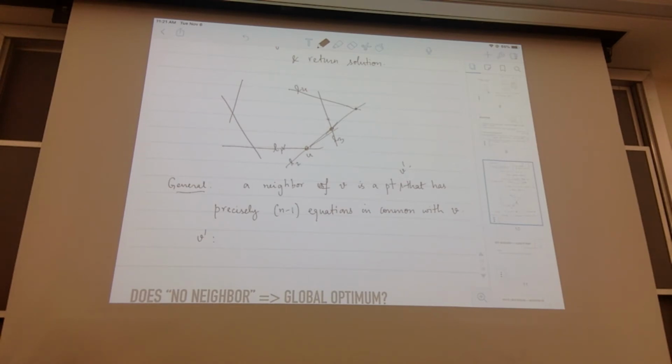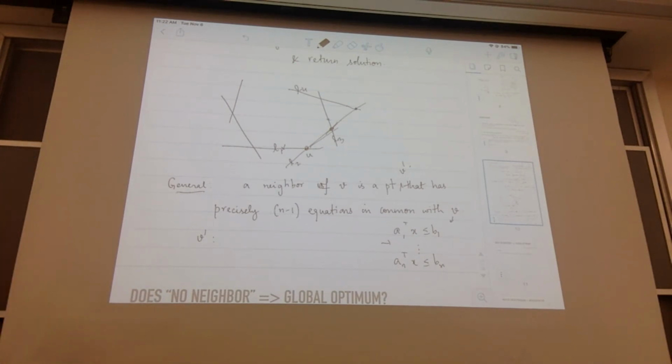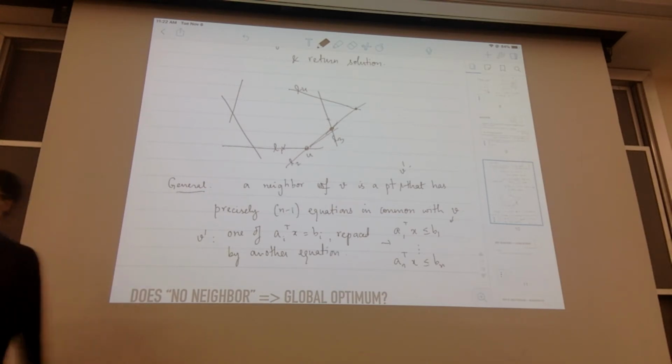So if you assume, for simplicity, that B was defined by A1 transpose x equals b1, through AN transpose x equals bn, then B prime would be defined by one of these equations replaced with one of the other equations.